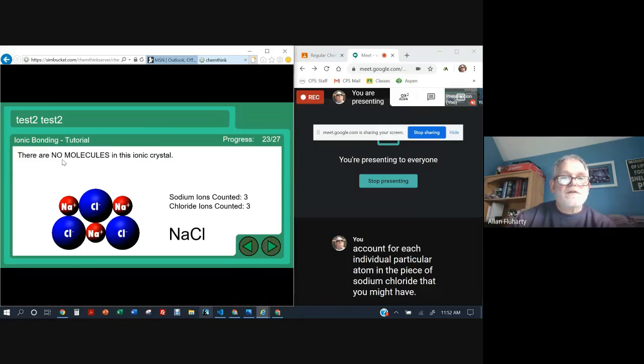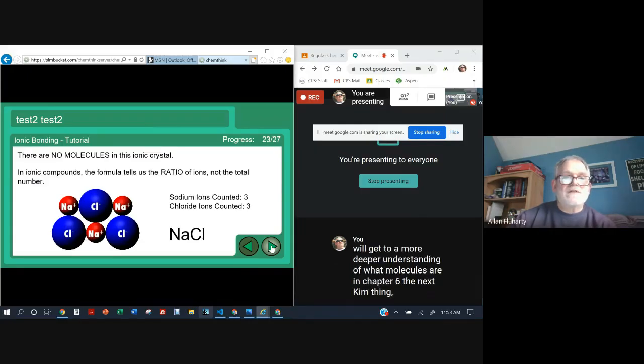There are no molecules in this ionic crystal. What that means is there's no molecules in the sense that you have 2 atoms that are actually attached to each other physically. They're actually sharing electrons. And we will get to a deeper understanding of what molecules are in chapter 6, the next Chemthink.